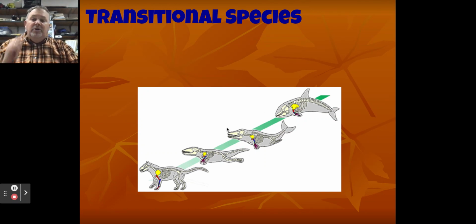And that is, if you look at our current day animals that you can see here, you have a killer whale up on top here. And then what I would refer to as these transitional species from its land ancestor. So the land ancestor of these killer whales is on the bottom.